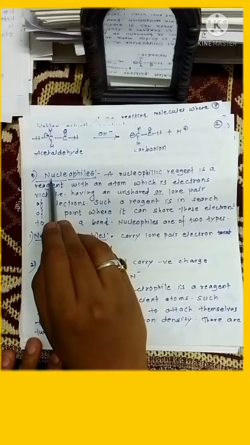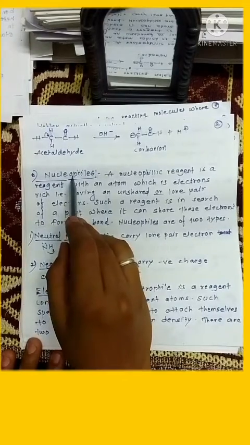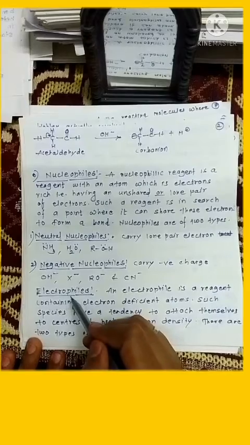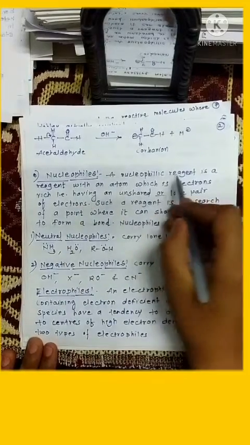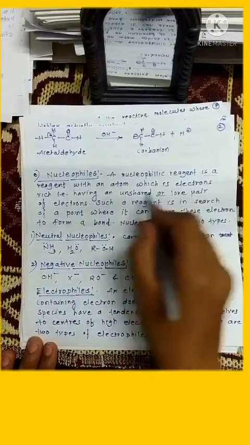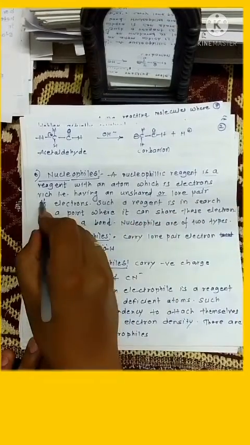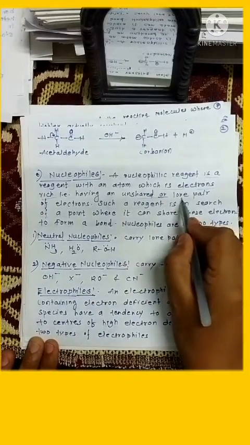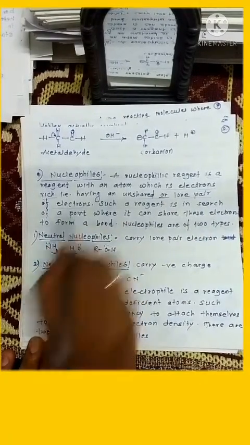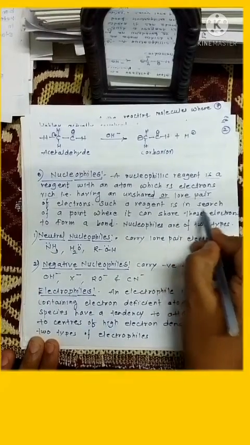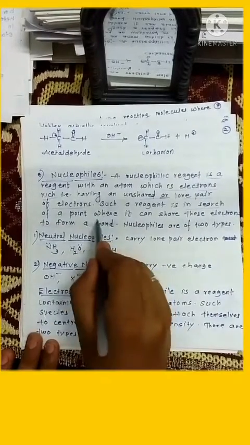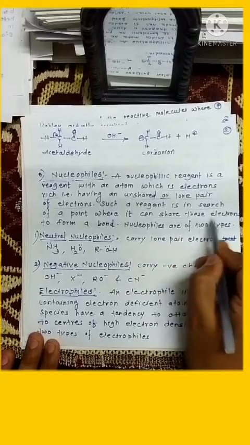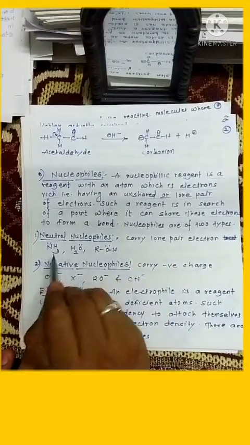So now we are going to see what is meant by nucleophiles and electrophiles. A nucleophilic reagent is a reagent with an atom which is electron rich, that is, having an unshared or lone pair of electrons. Such a reagent is in search of a point where it can share these electrons to form a bond.